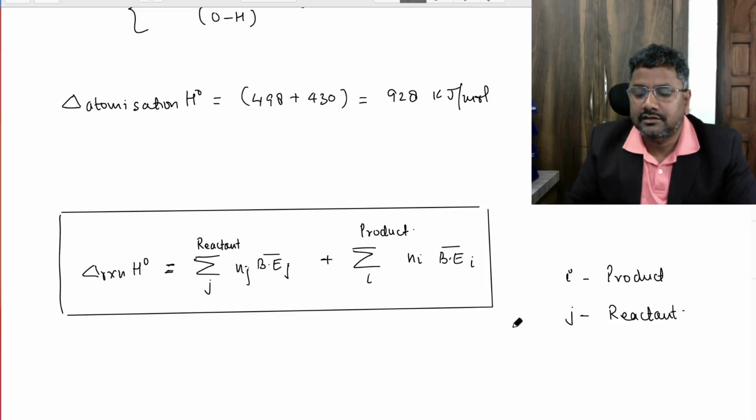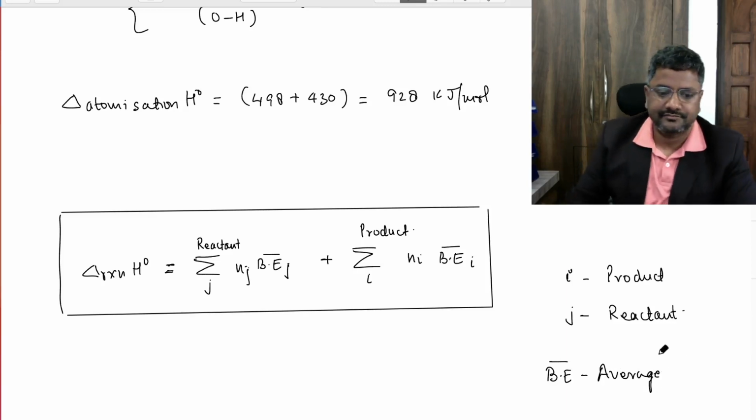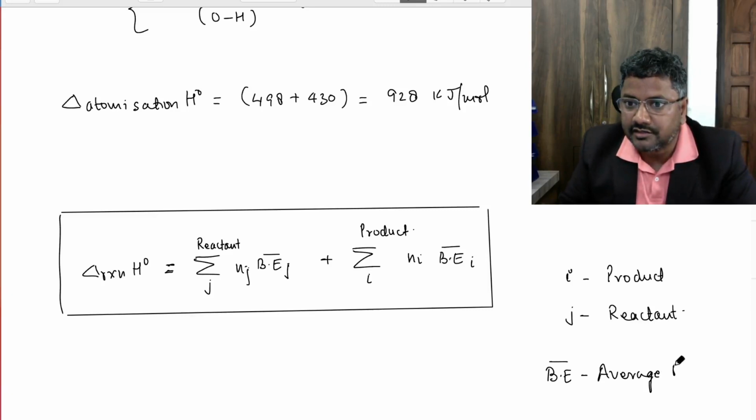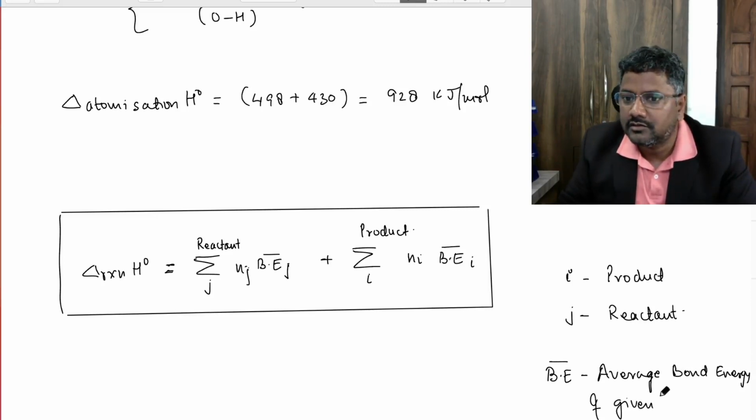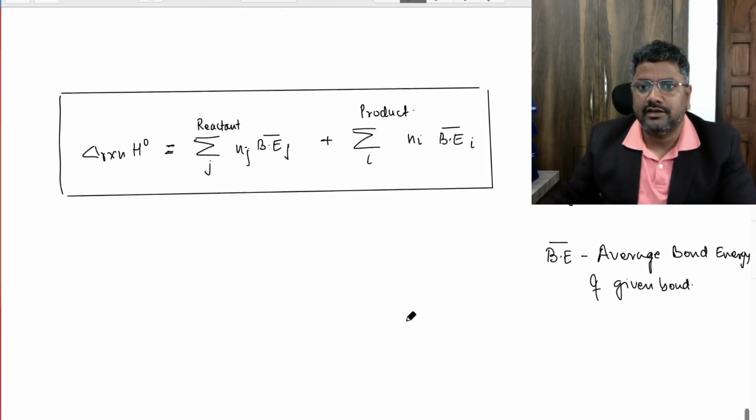And the bond energy is the average bond enthalpy or average bond energy of the given bond, right? So now you can use this.